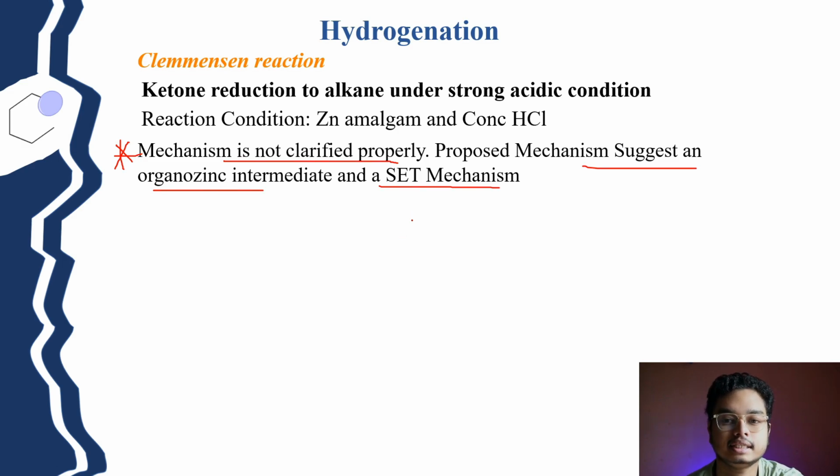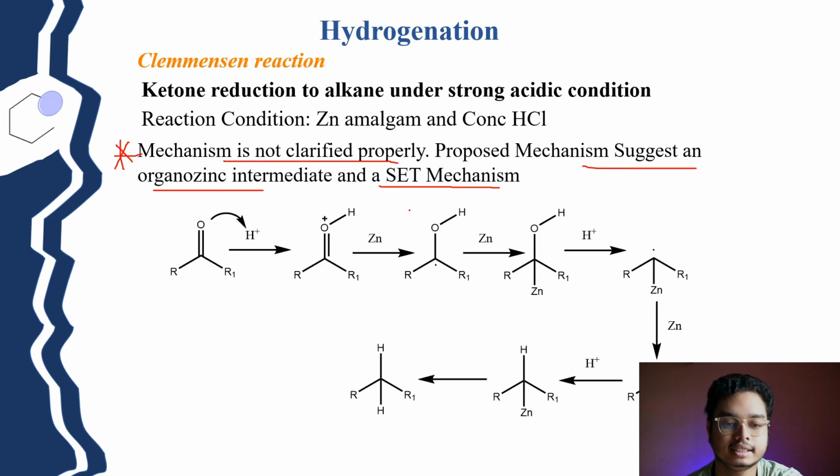So let us see what the proposed mechanism is. Initially, the ketone takes the H plus present in the concentrated HCl and gives this type of intermediate. Now this will undergo a radical transformation.